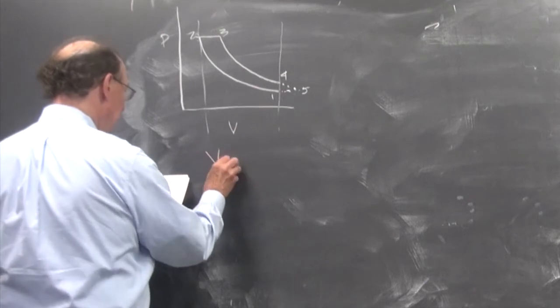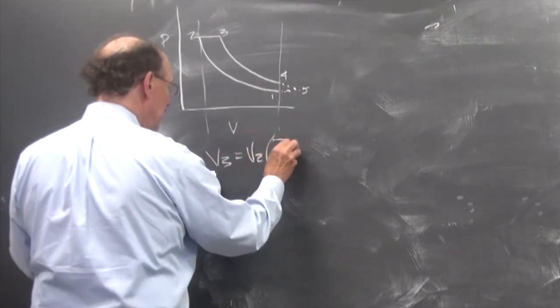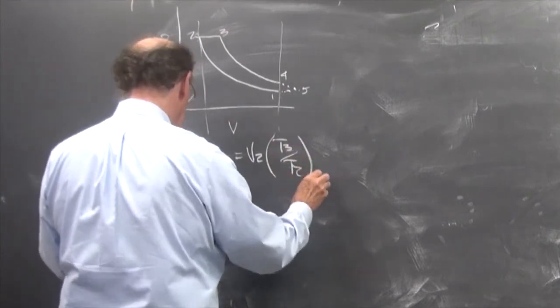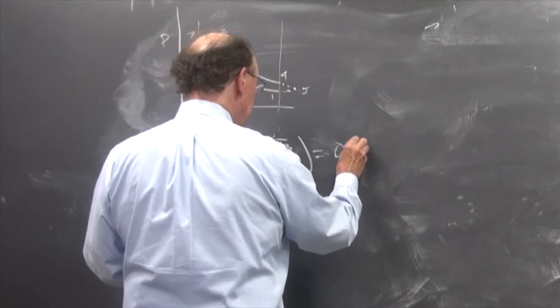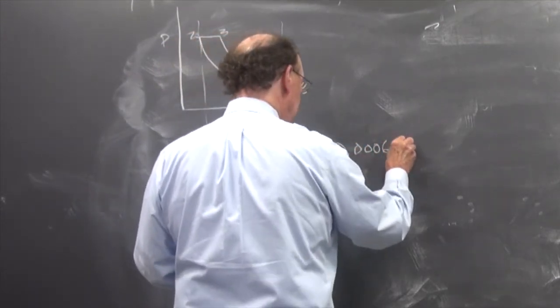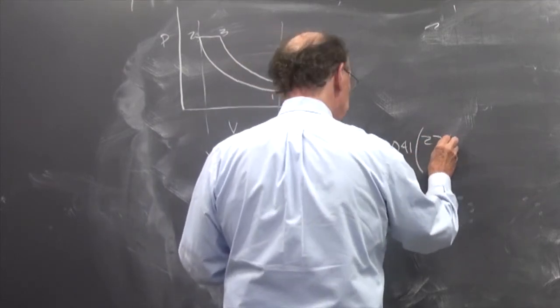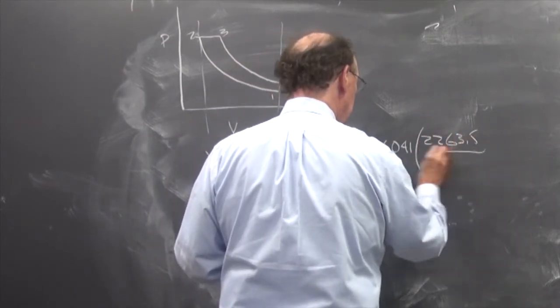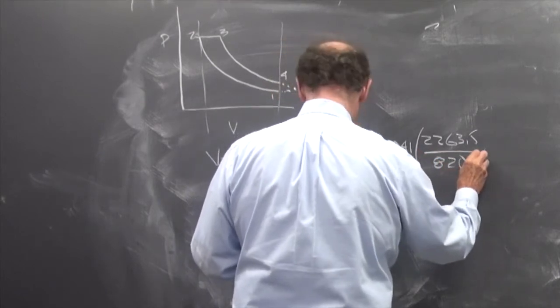So V3 is equal to V2 times T3 over T2, equal to 0.301236041 times 2263.5 over 820.5.